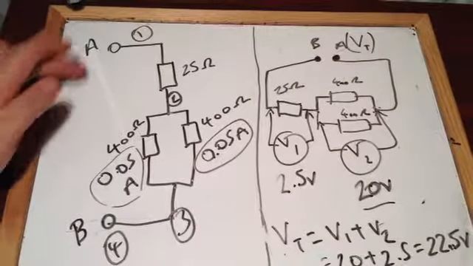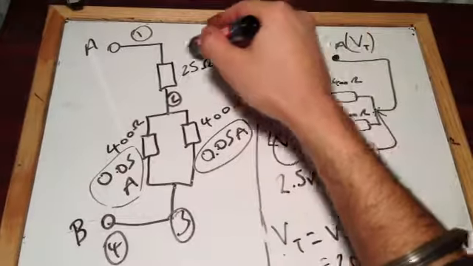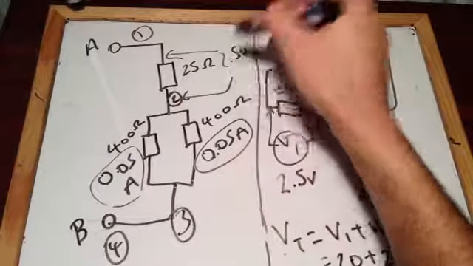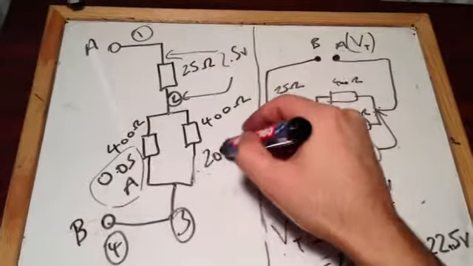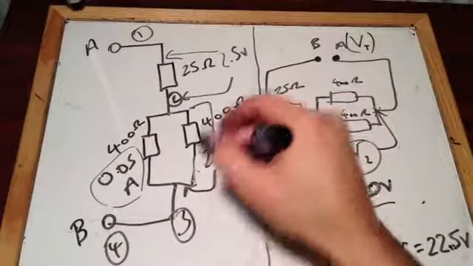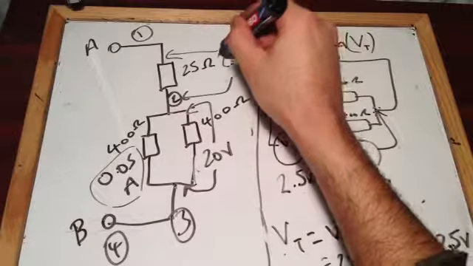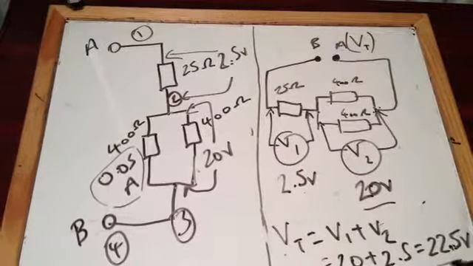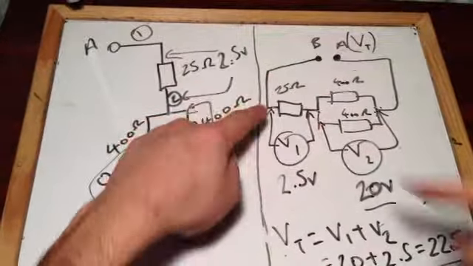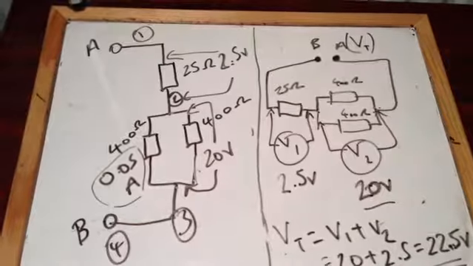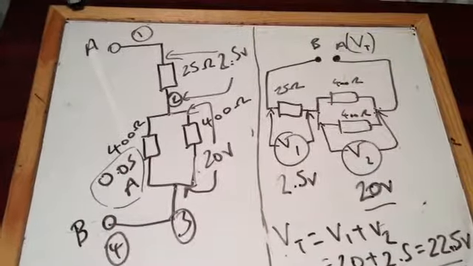So again, looking at it vertically, I'd have 2.5 volts across here, and I've got 20 volts across here. It's the same thing, 20 plus 2.5 gives you 22.5. Remember, in a series circuit, the voltage is shared among each component, whether it's a series module or a parallel module. It doesn't matter.